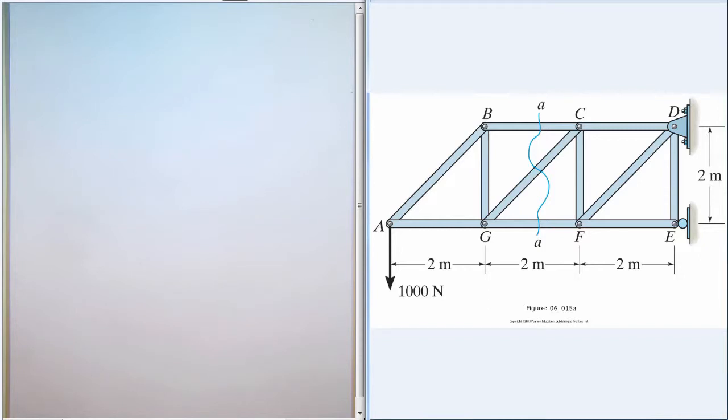A couple tips. When we do our equations of equilibrium, we want to sum the moments about the intersection point of 2 lines.